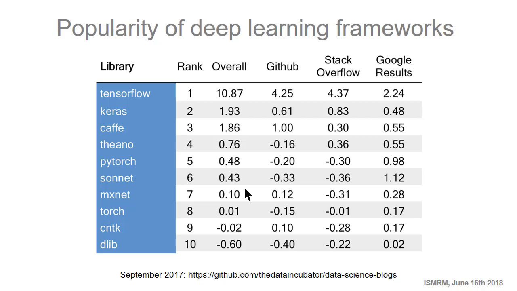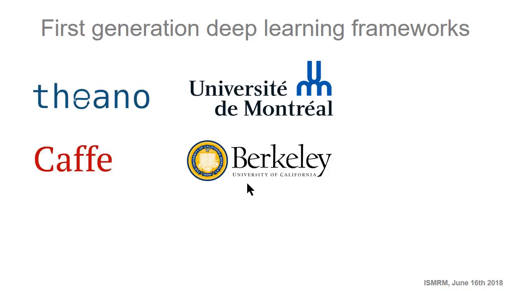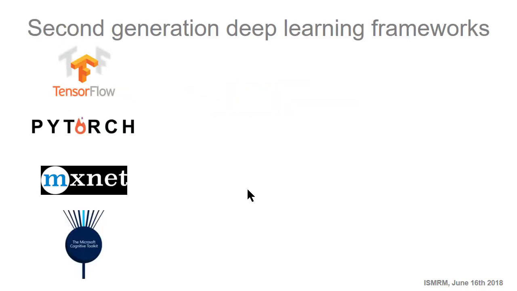And when you look at these lists, it's kind of interesting that you see multiple generations of frameworks. So what I would call the first generation of deep learning frameworks are Theano and Caffe, which came out of Montreal and the University of Berkeley. And then, over, I would say, the last year or two, the second generation evolved: TensorFlow, PyTorch, MXNet, CNTK.